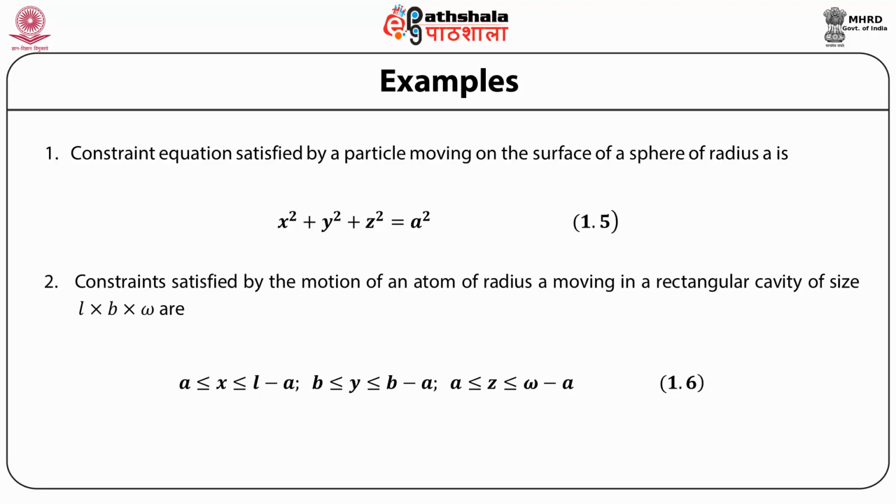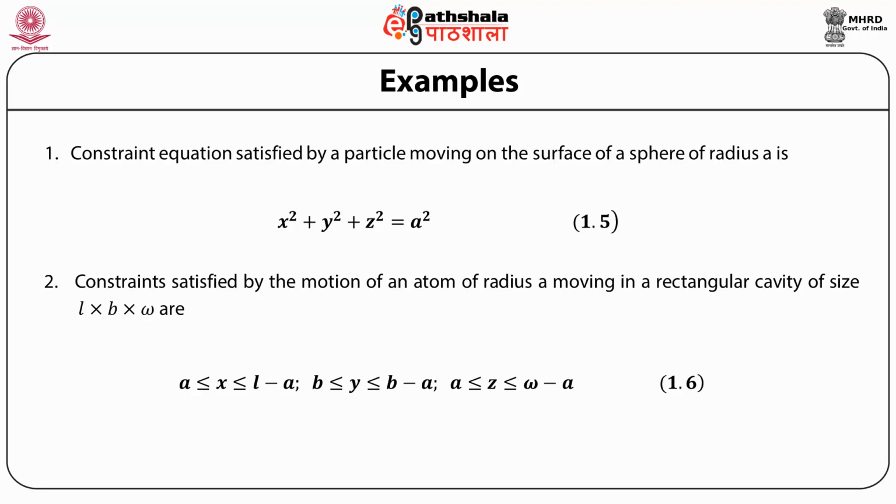As a further example, let us consider the motion of an atom which is constrained to move in a rectangular cavity whose length is L, breadth is B, and width is W, such that its Cartesian coordinate x lies between a and L minus a, the coordinate y lies between a and B minus a, and z lies between a and W minus a.